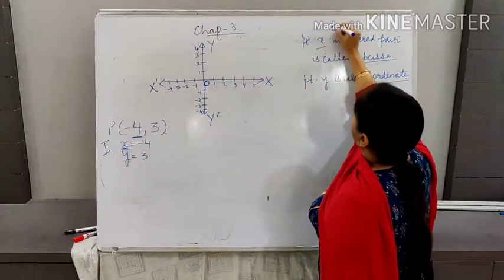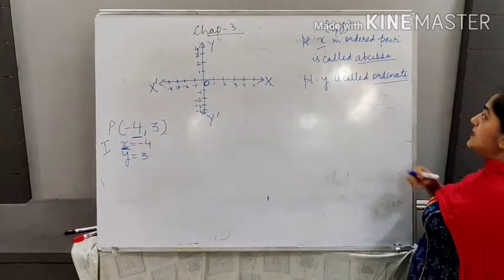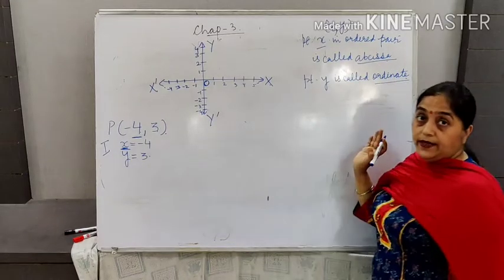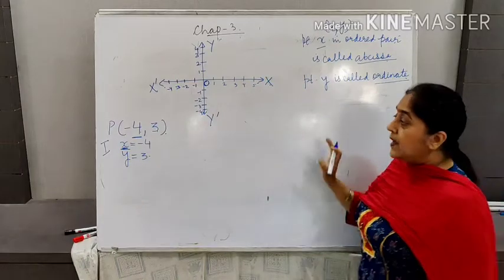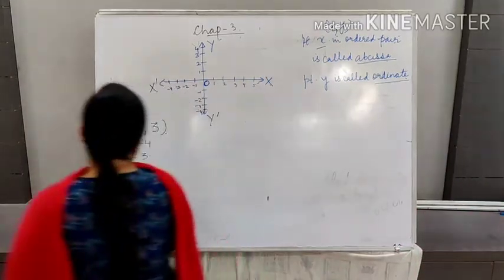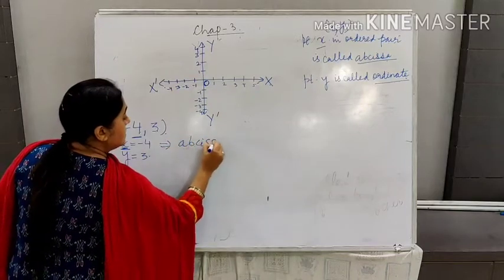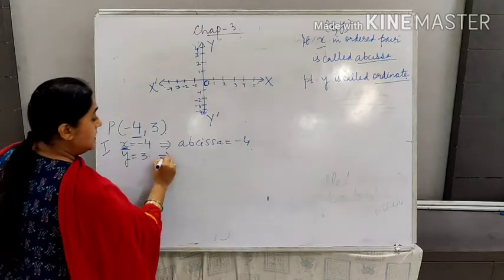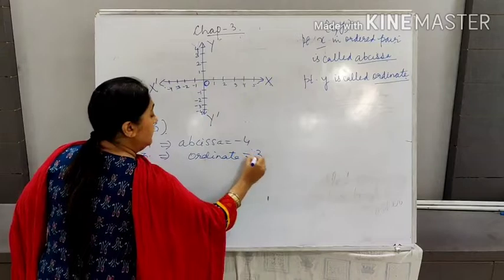I had an ordered pair point x comma y. So x is called abscissa and y is called ordinate. Together they form a point in the coordinate system. Got it? Now my x is -4. This implies abscissa is equal to -4. Y equal to 3 means ordinate is equal to 3.